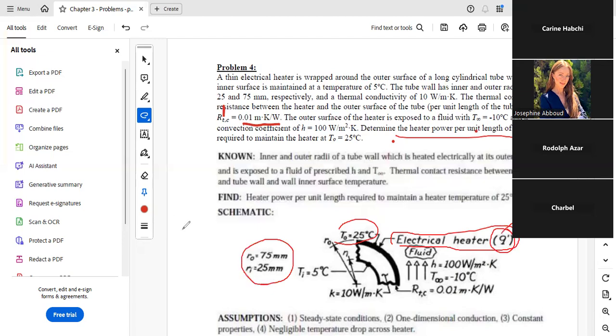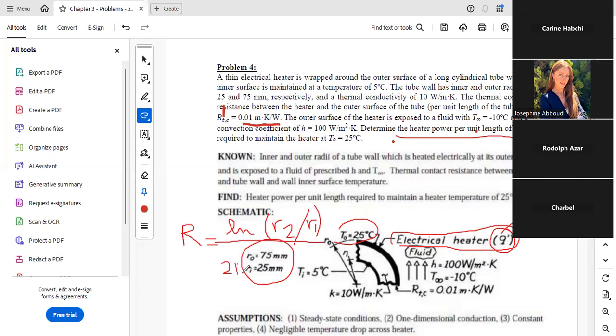We know that the resistance to conduction from the cylindrical material is ln R out over R in, divided by 2 pi K L. But here we don't have R, we have R prime.